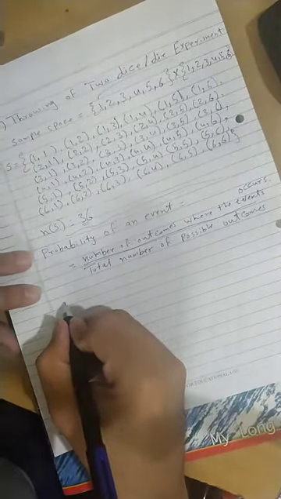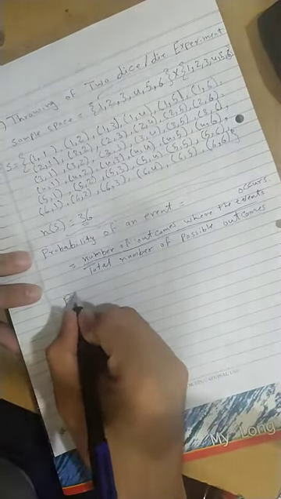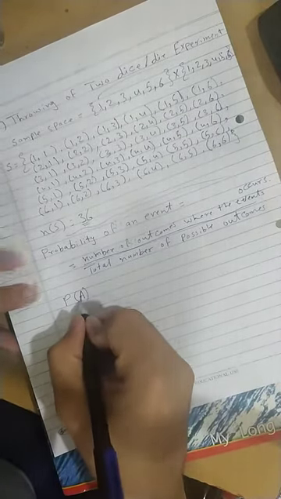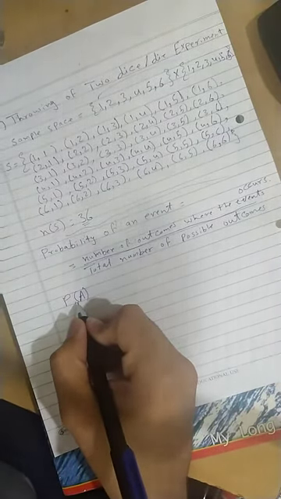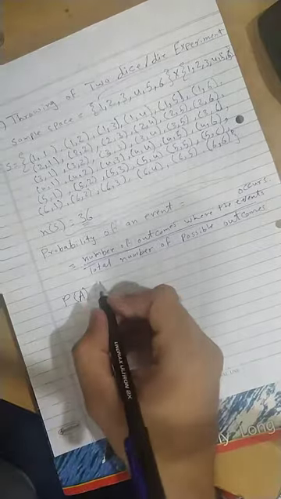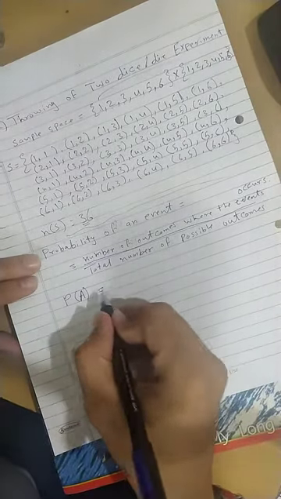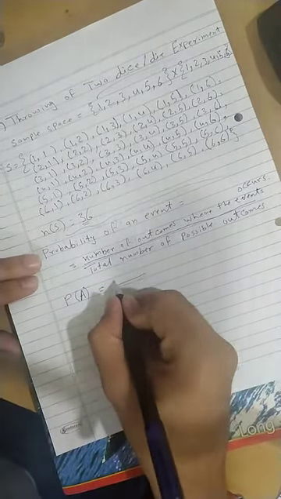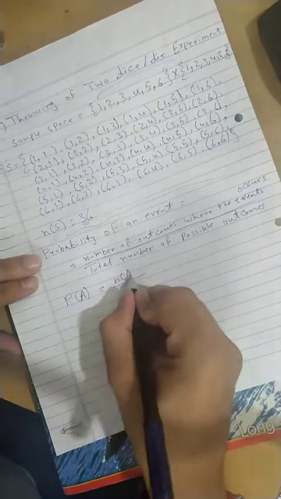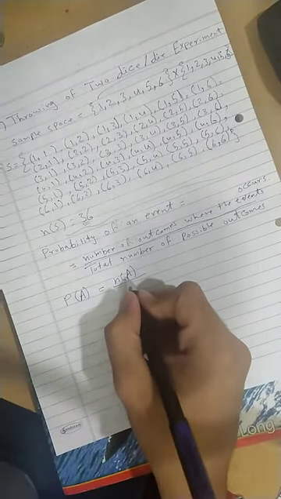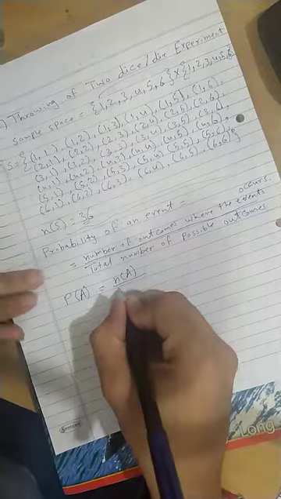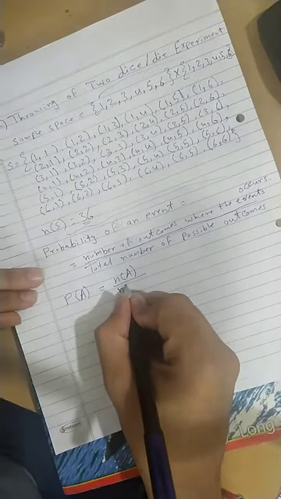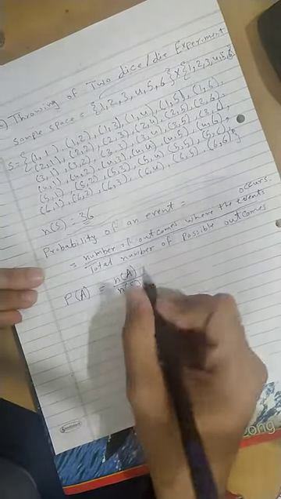An easy shortcut. This is the probability of an event. We write it like this: P(A). A is an event, equal to the number of the event divided by the total of the sample space of the possible outcomes.